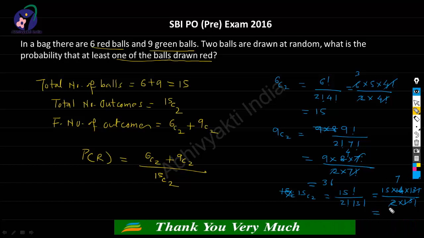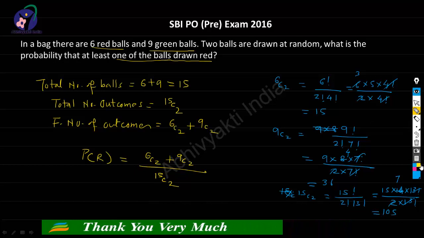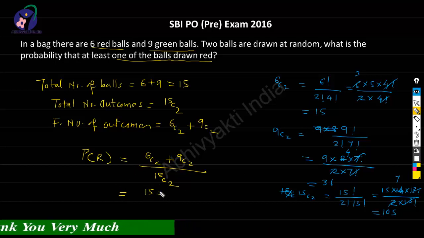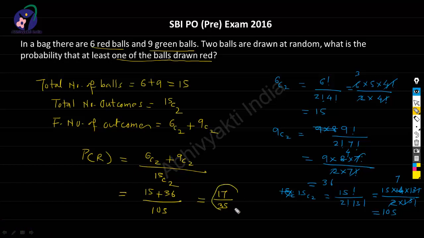So 15 into 7, 105. So here put the values. So it is equal to 15 plus 36 upon 105, and if you solve this further you will get 17 by 35. So the probability that at least one of the balls drawn is red is 17 by 35.